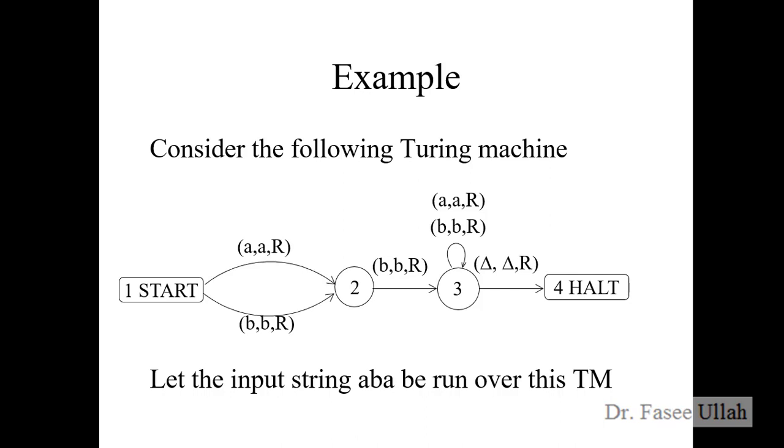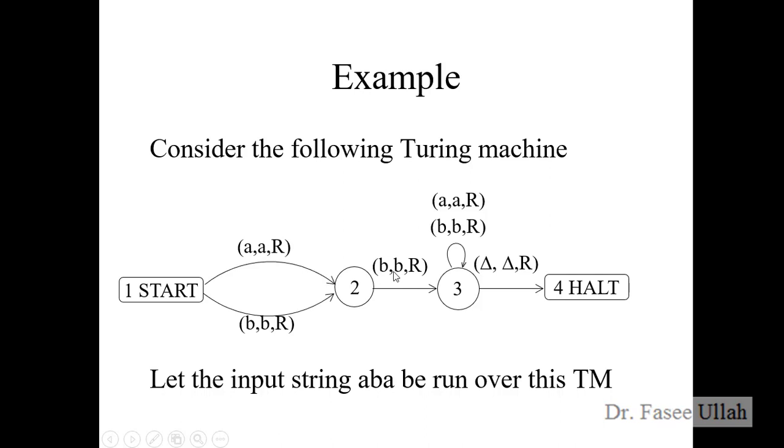We start from here. If we see over here, we have A A R. What does it mean? A is the symbol read, and it is replaced by A, and we are moving towards the right side. Same for the case below, B B R. B represents the symbol read, which will be replaced by B, and we are moving towards the right.